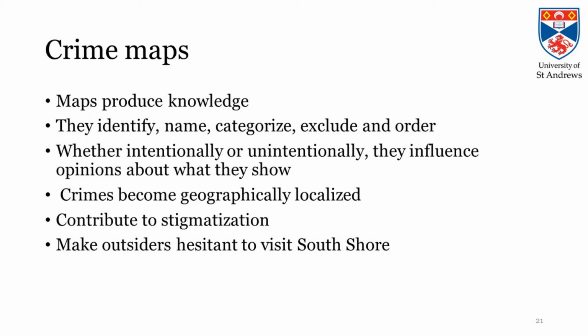And by providing this spatial distribution, the crime maps basically fragment the community into safer and unsafe spaces. This is what I argue in my PhD. For the outsider who is not familiar with the community, certain spaces in the community are particularly portrayed as violence-prone, because we have seen a lot of incidents already happening this year, and the crime maps provide a very good overview of those spaces.